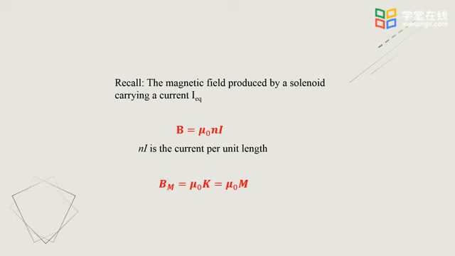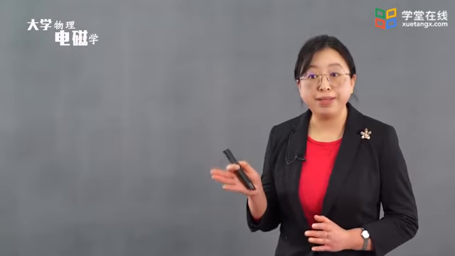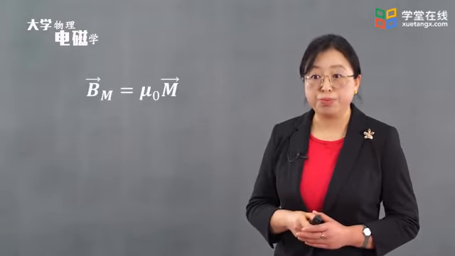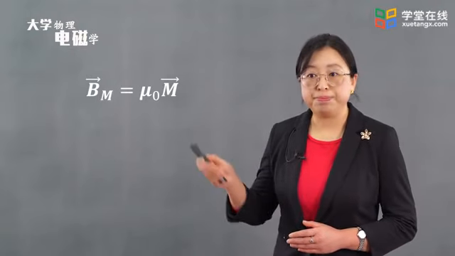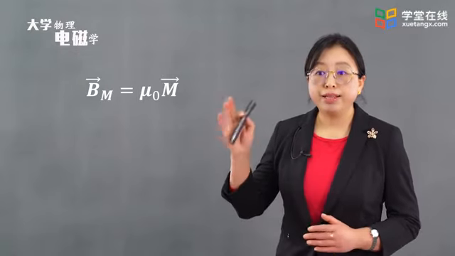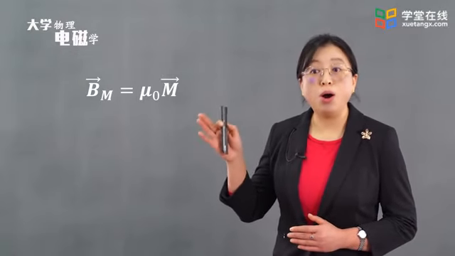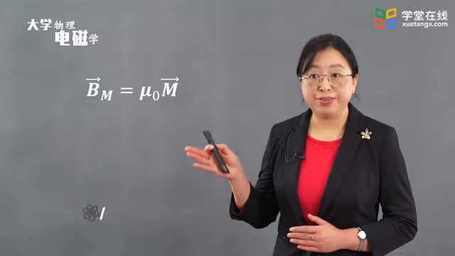So we have B equals mu0 M. Since the direction of this magnetic field is the same as the magnetization vector M, the above expression could be written in the vector form as this one. This is the average field due to all aligned dipoles in the material.